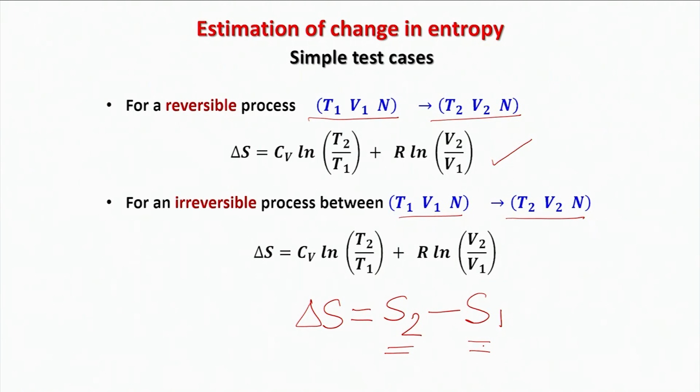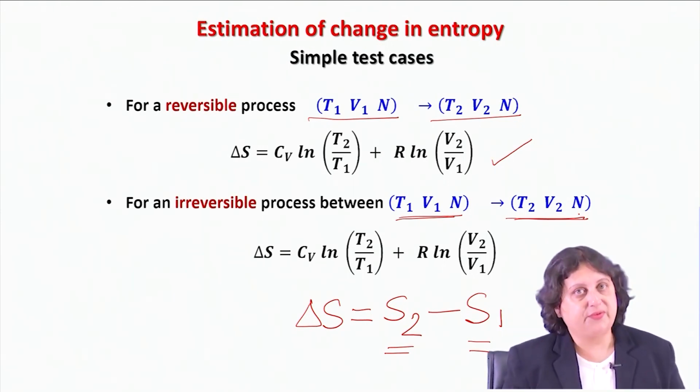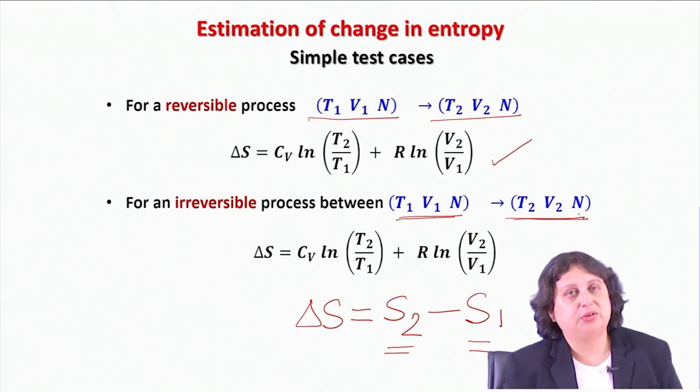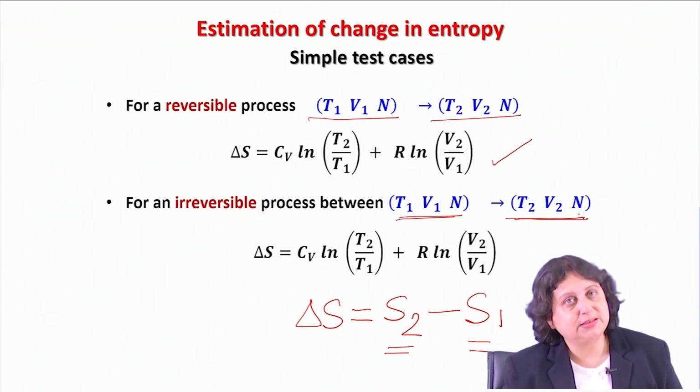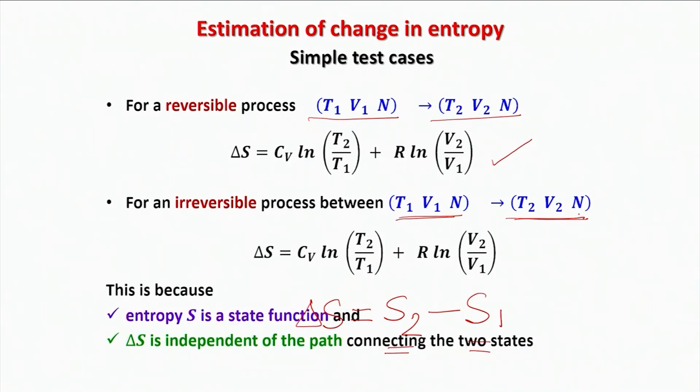So as long as we are going from the same set of initial and final equilibrium states, it doesn't matter if I take a reversible path or an irreversible path between them, I should get the same result. Therefore, this is a very important observation as far as estimation of change in entropy is concerned. And this is exactly what has been highlighted over here.